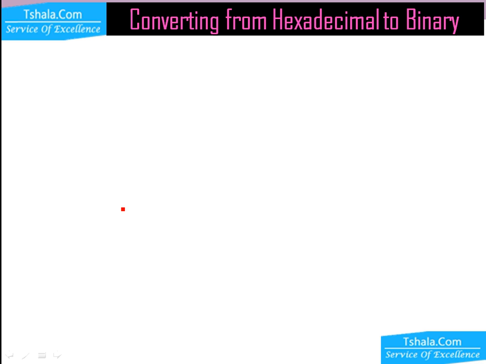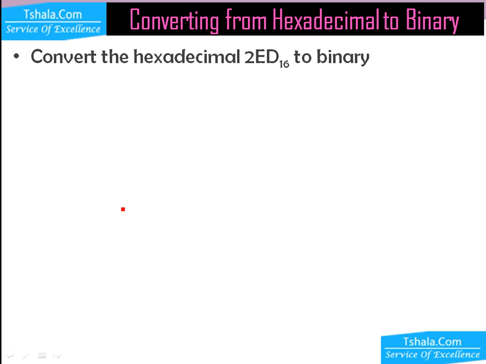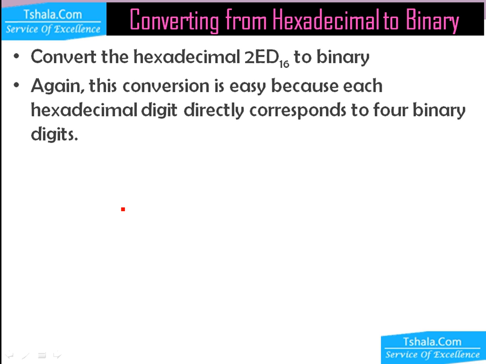Converting hexadecimal to binary. Now, when we convert a hexadecimal number to binary, we take 2ED base 16, and the conversion is really easy because each hexadecimal digit directly corresponds to 4 binary digits.